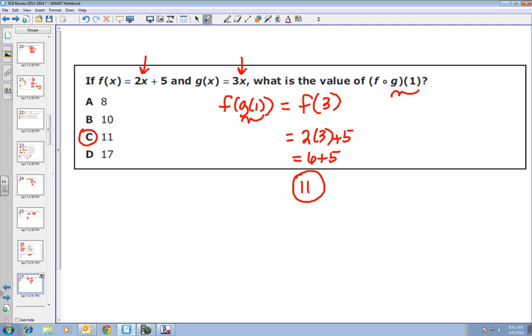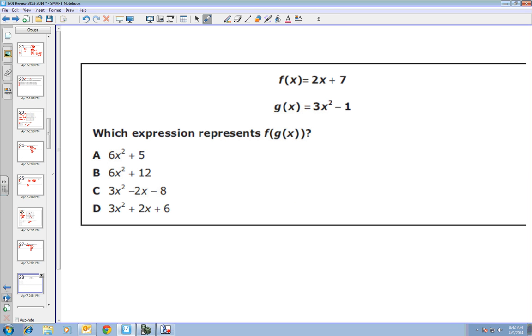Okay, let's do another one. This one's just like this one. Which expression represents f of g of x? So here's how we've always done it. We write down our f. And instead of g of x, I'm going to write down what g of x is. G of x is 3x squared minus 1. Now this tells me go to my f equation, and in place of this x, I'm putting this entire thing.